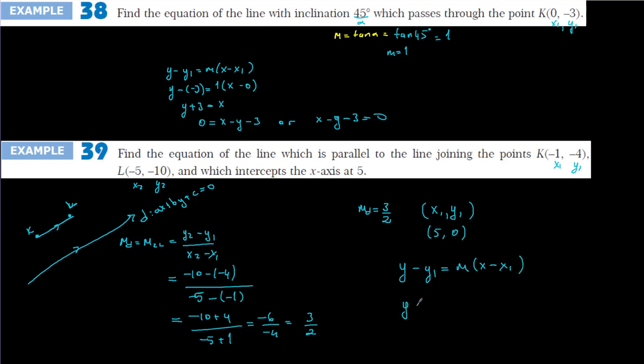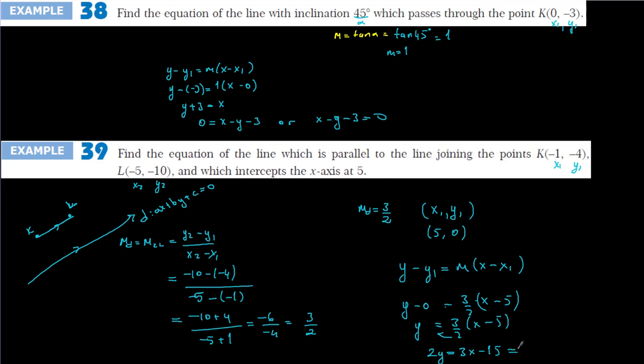Then y minus 0 is equal to 3 over 2 times x, where x1 is equal to 5, I'm sorry. Here it's going to be y is equal to 3 over 2 times x minus 5, and for better values, you should send 2 to the other side, like 2y is equal to 3x minus 15.